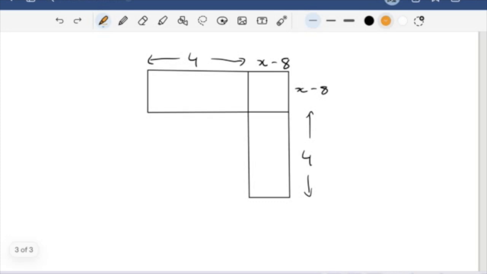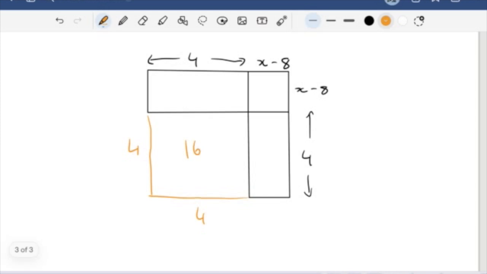Now, what does that mean? All I need to do now is to complete the square. I just need to draw in the resulting square. Once again, this lines up perfectly with my picture. So this length has to be 4 because it's the same as that horizontal length. This has to be 4 also because it's the same as that vertical length, which gives me 16 over here.